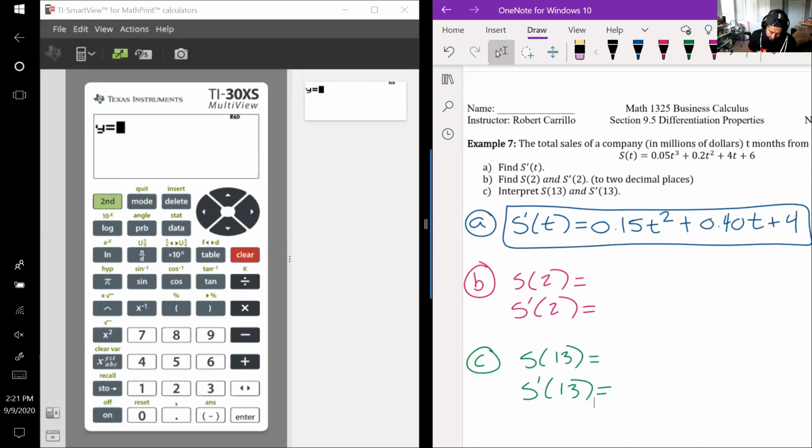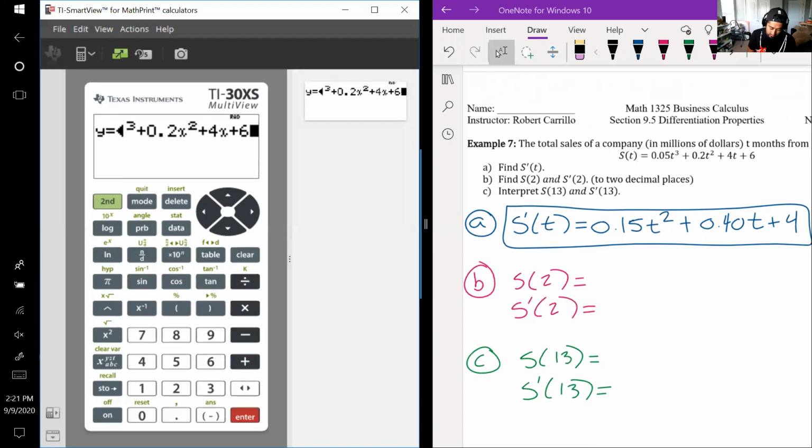So that's what I'll type in first: 0.05 x cubed plus 0.2 x squared plus 4x plus 6. And on your calculator, you must use x, so just replace t with x.